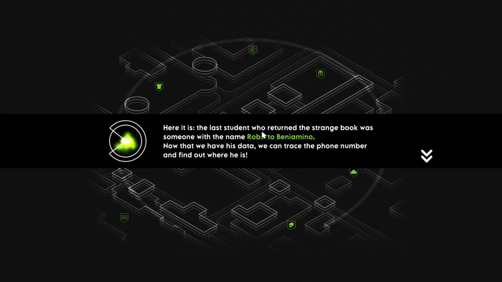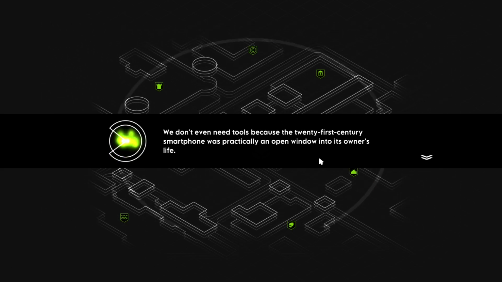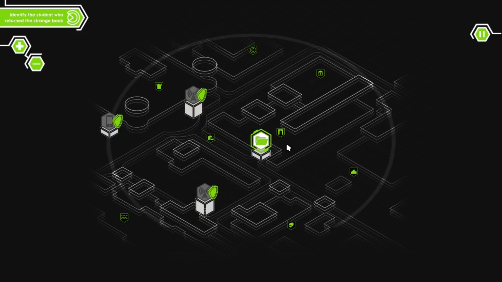Here it is. The last student who returned the strange book was someone named Roberto Benamino. Now that we have his data, we can trace the phone number and find out where he is. We don't even need tools, because a 21st century smartphone was practically an open window into its owner's life.